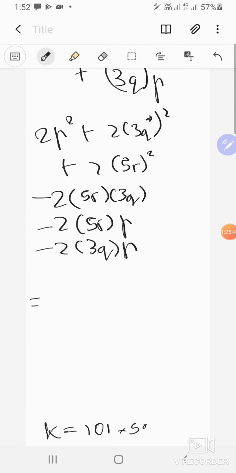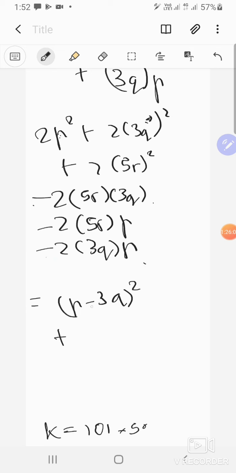I can write it as, well, I'm going to take one p square from that and put it over here, and one (3q) whole square from that and put it over there. So that will give me (p minus 3q) whole squared. Similarly, take one more p, put it over there, and take 3q, put it over there.